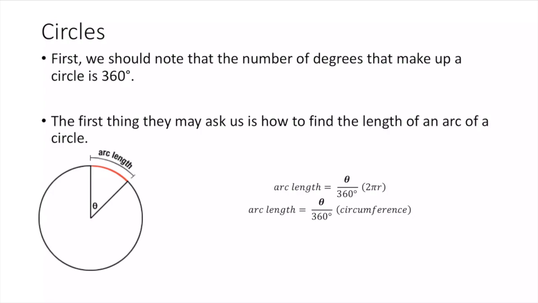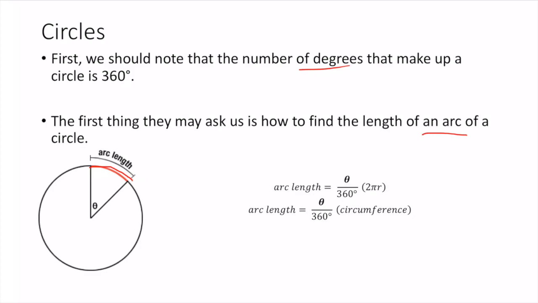Now we'll deal with circles. First we have to know that the number of degrees that make up a circle is 360, which makes sense. It's just one full rotation. Now the first thing they may ask us to find is the length of an arc of a circle. An arc is just a portion of the circumference.